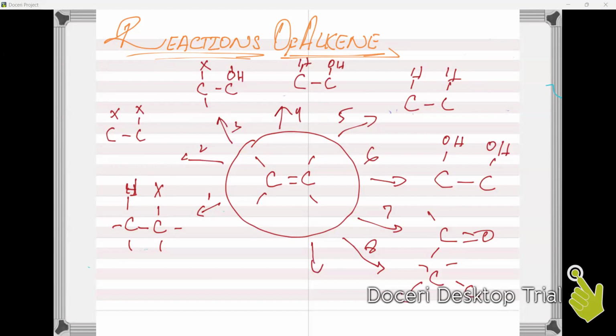It can be changed into epoxide. It can do addition polymerization reactions.